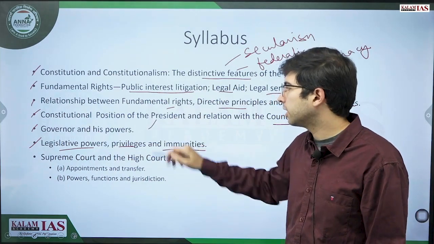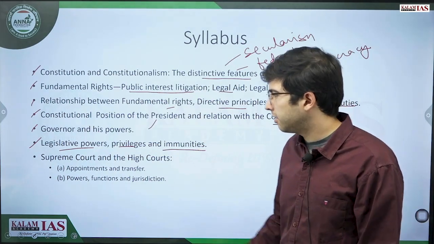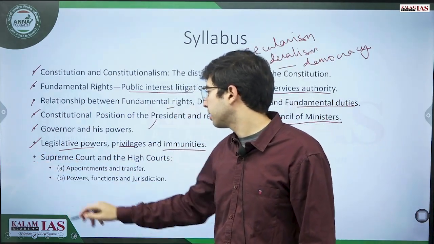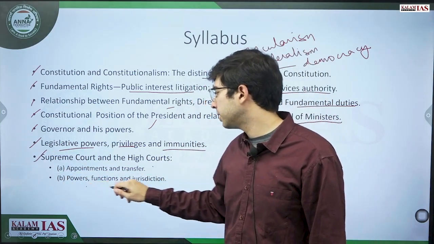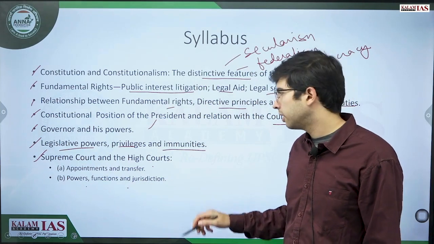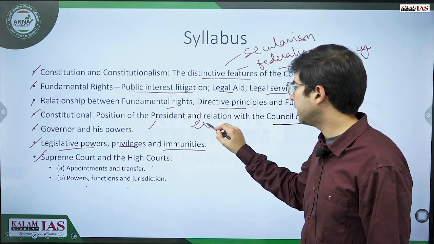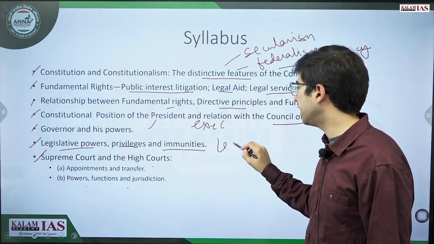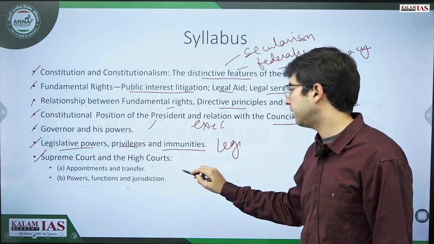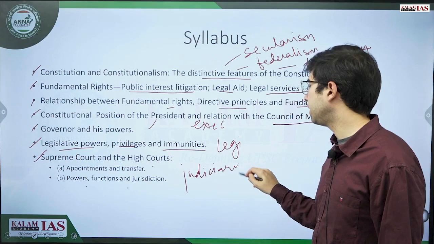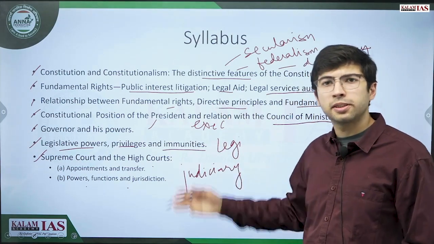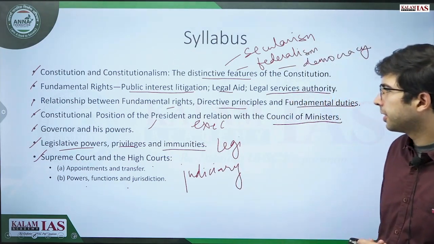This was considering the executive wing. We have the Supreme Court and the High Courts, their appointments and transfers, powers, functions, and jurisdictions. So here we had the executive, here we had the legislature, here we have the judiciary. All three organs, as mentioned in the constitution, have been covered.